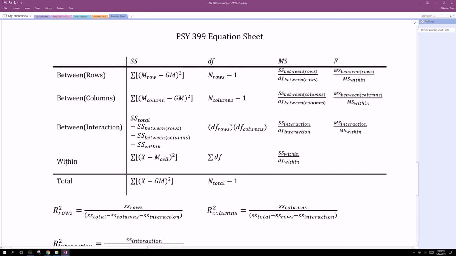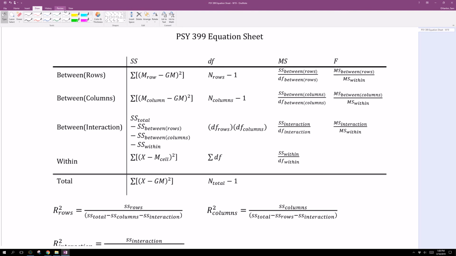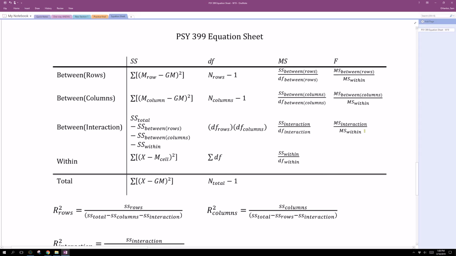Rather, if I give you a partial table, right, a table with some of this information filled in, you should be able to fill in the rest of the table. So if I gave you all of the sums of squares and degrees of freedom information, for example, you should be able to calculate the mean squares and the F ratios. And these mean squares and F ratios work exactly the same as they did in those previous two tables.